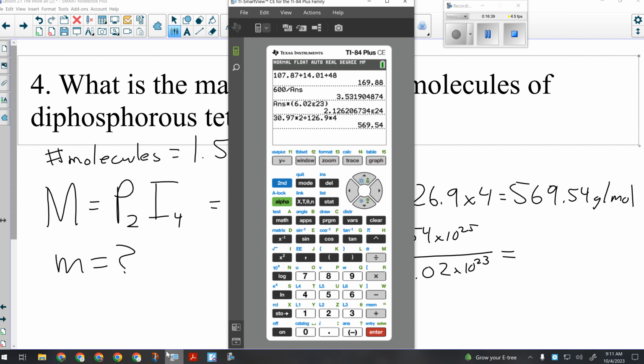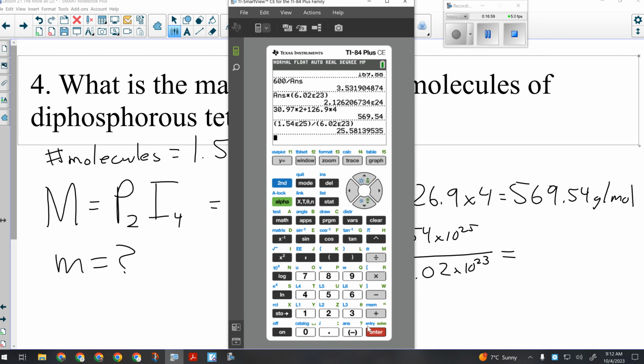Now when I do that operation in my calculator, everything needs to be enclosed in brackets. 1.54 E25 divided by, in brackets, 6.02 E23. So I've got 25.58 moles. Can you help me find that button on my calculator? I'm struggling.